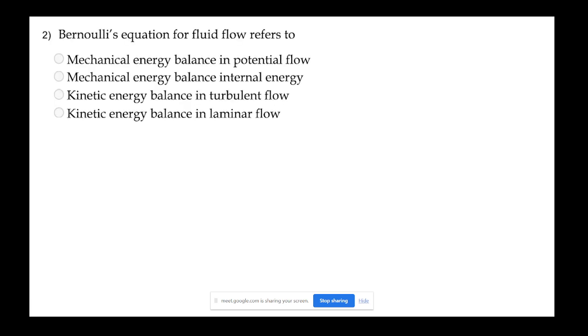Next question is, Bernoulli's equation for fluid flow refers to dash. During the derivation of the equation that I stated for Bernoulli's equation, we have certain assumptions where we apply energy balance.